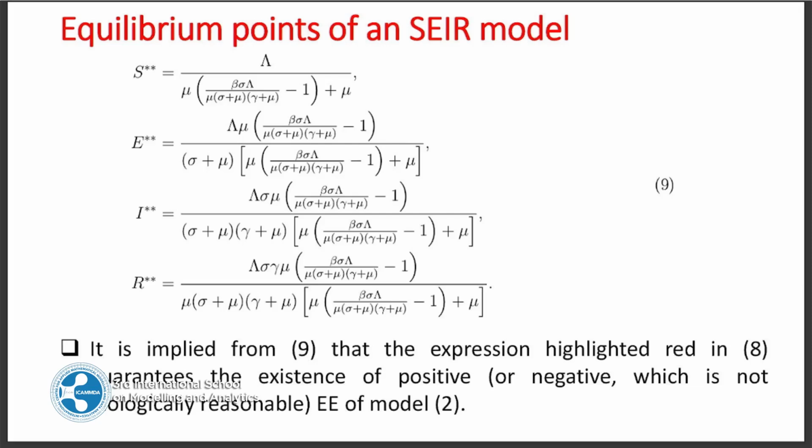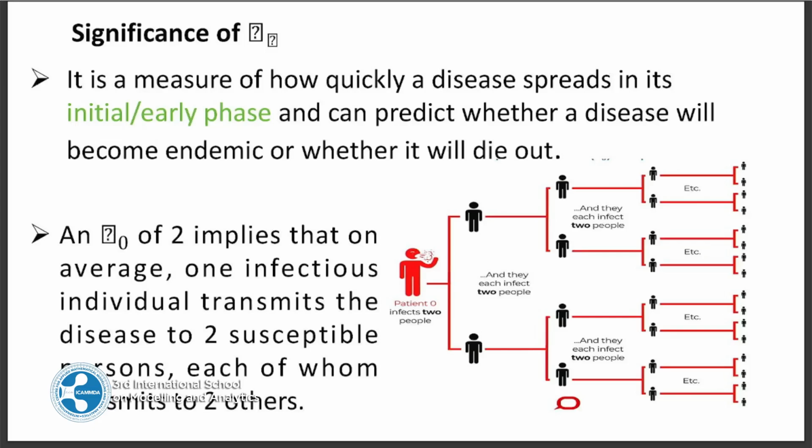It means that we can have positive and negative results. But if you have a negative result, does that make sense to us? It does not make sense, because all the model parameters are positive, and we are dealing with population, either human or any population.